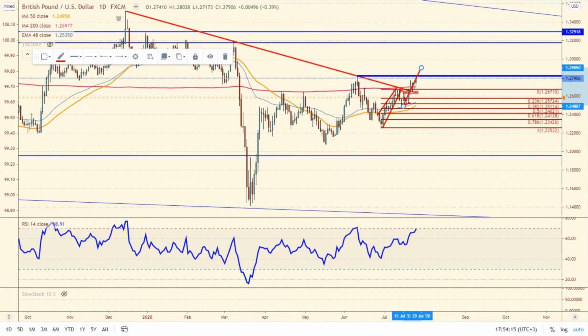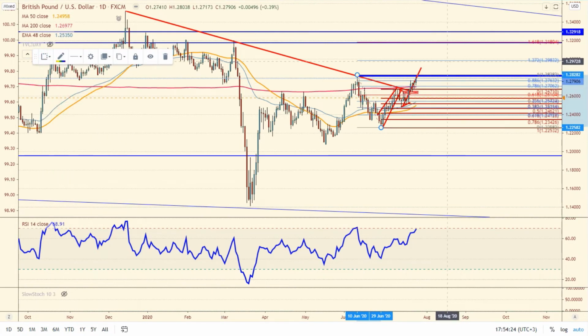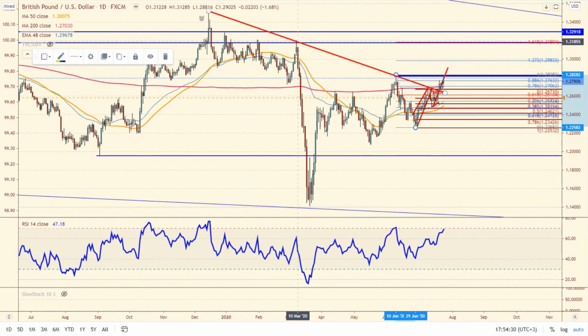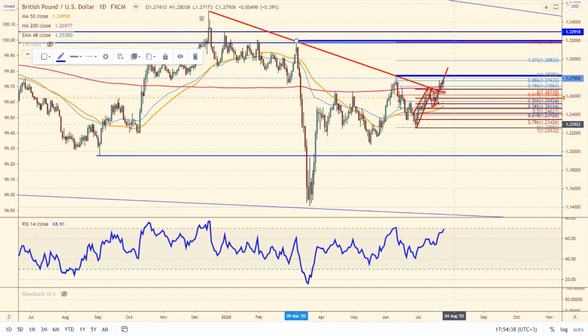But what could really happen here is you take this high to this low, and then the 161% extension takes us to 131.80, which is also the spike high from pre-COVID, pre-lockdown, right? So this all comes in right around the same spot, around 132.